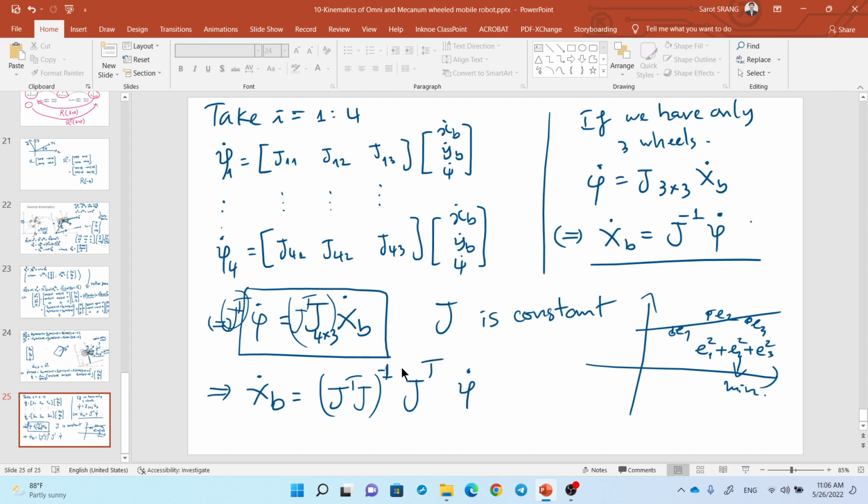Okay. And this one is called the least square solution, least square method. I mean the best inverse of J. It's not exactly the inverse, but the best inverse. Right? Okay, so that's all for today.